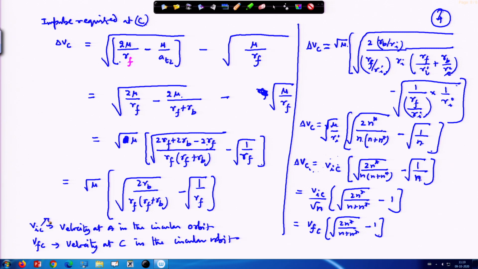So, this C stands for circular orbit. So, we do not have to confuse this.